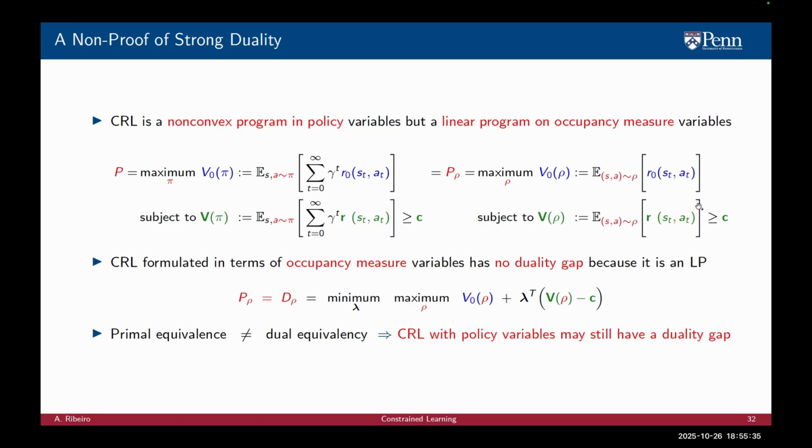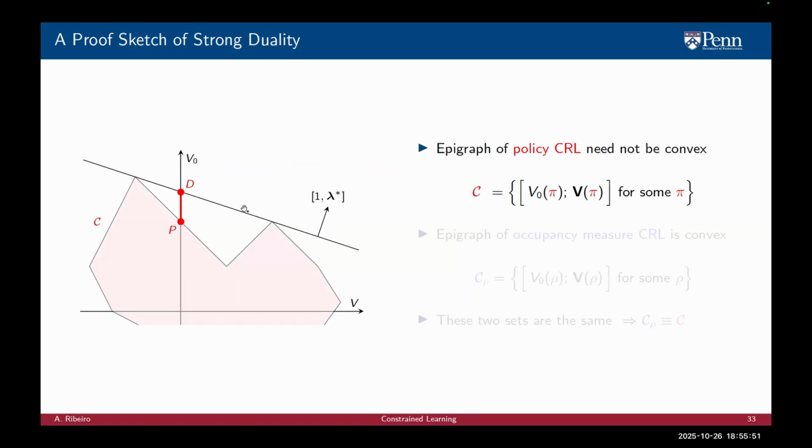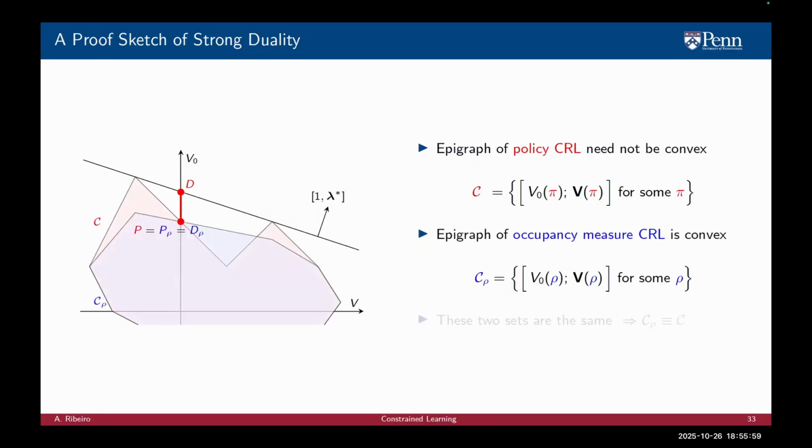Here I have the problem formulated in occupancy measure space. And these two problems are equivalent. Therefore, maybe I can conclude that since the problems are equivalent, and this one has no duality gap, this one shouldn't either. That's not quite true, because here is an example of a problem in policy space, and another problem in occupancy measure space.